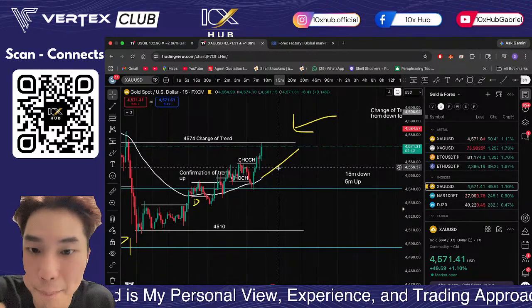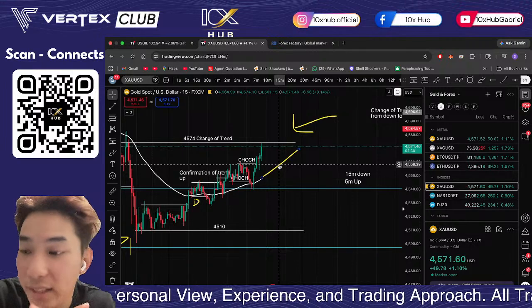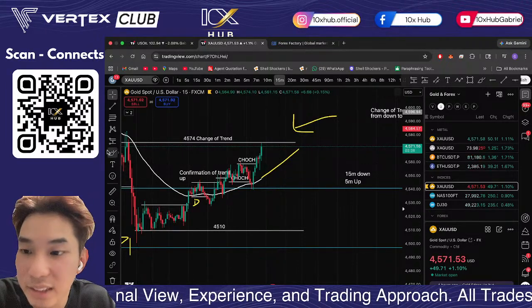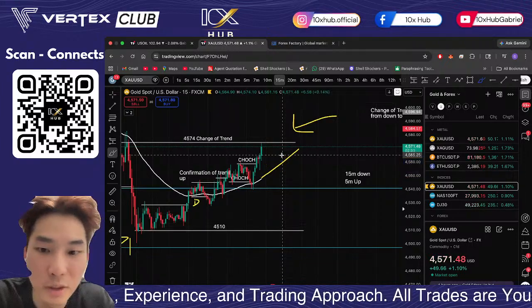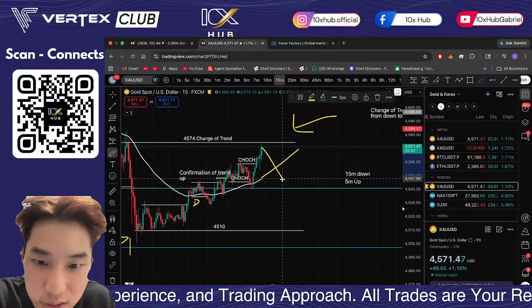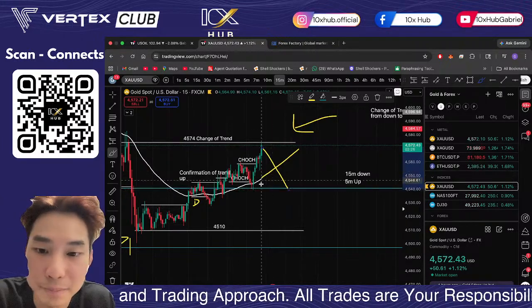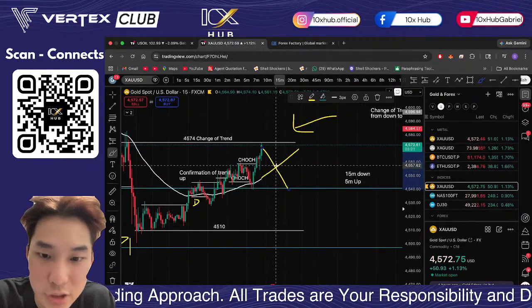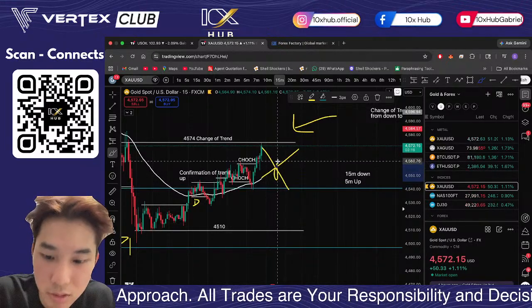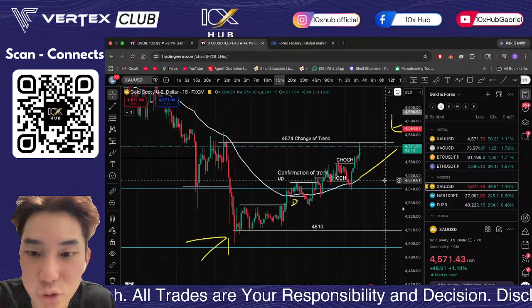If the engulfing does not happen over here, we do not enter this trade. Please don't enter. If engulfing does not happen when it touches this white color line, and it really goes down below this EMA point, with the whole body closing below, if this case happens, don't enter anymore. We will cancel this trade.